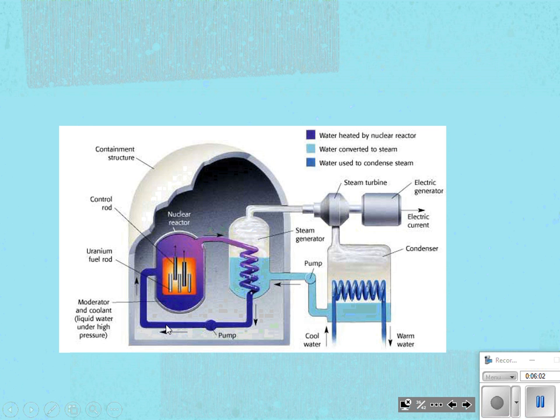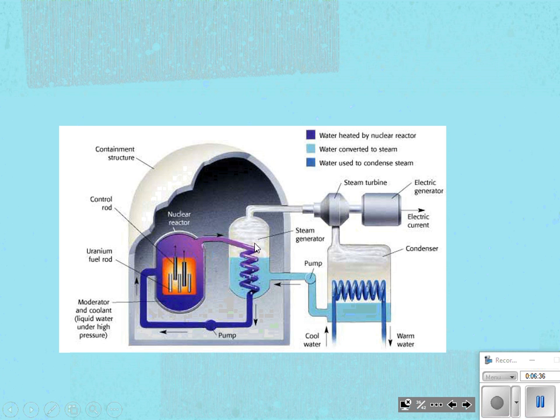It says moderator and coolant, liquid water under high pressure. That's what the purple stuff is. As you can see, this nuclear reaction releases a lot of energy. So that water is going to be heated up. This is going to be very, very hot. It comes over and it flows. You can see by the arrows that it's flowing in a circle kind of like this.